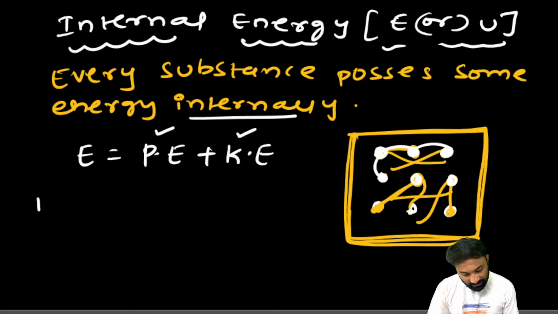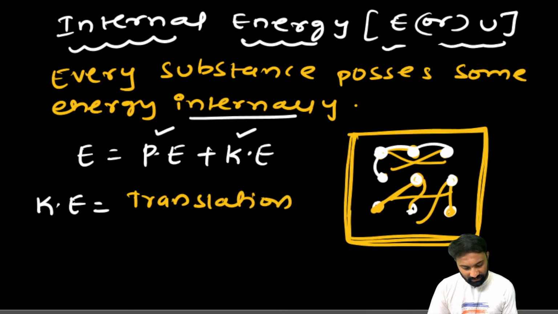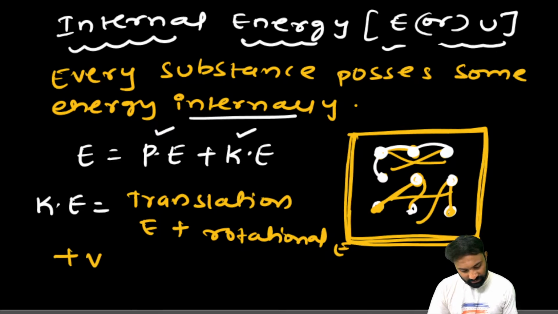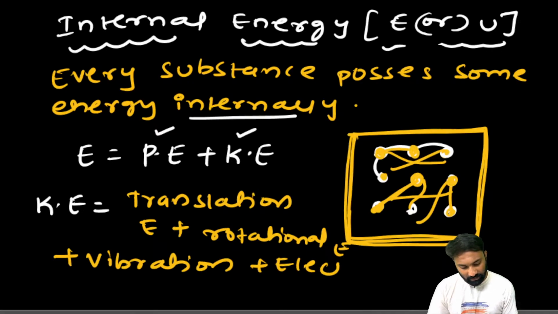How do we get it through the kinetic energy? The system increases its internal energy through the kinetic energy, meaning through the translational energy plus rotational energy plus vibrational energy. I will explain very clearly how these gas particles have this energy. Also through the electronic energy.